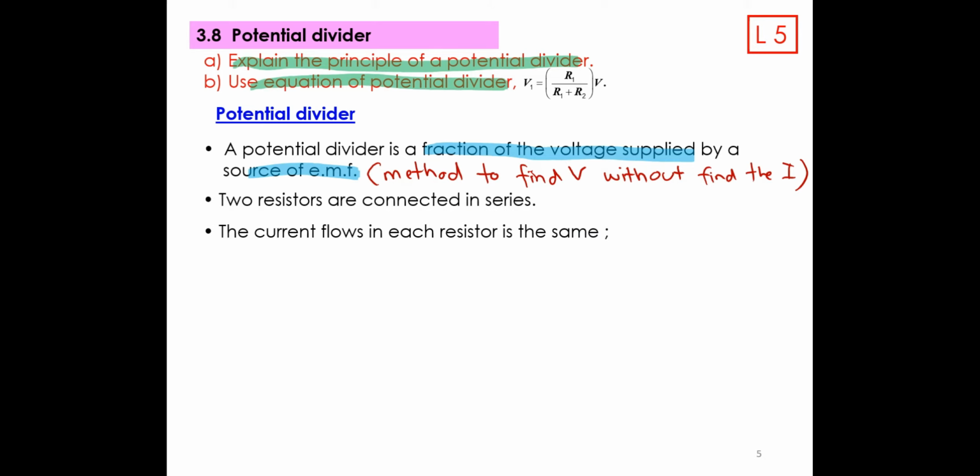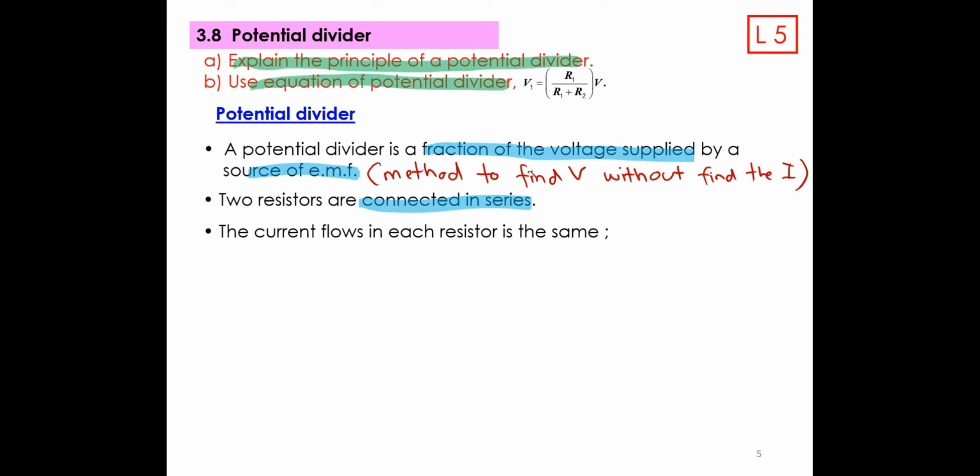Okay, and we have the condition to use the potential divider. If you want to use the potential divider to find the V, make sure your resistors are connected in series, cannot be in parallel. Why?